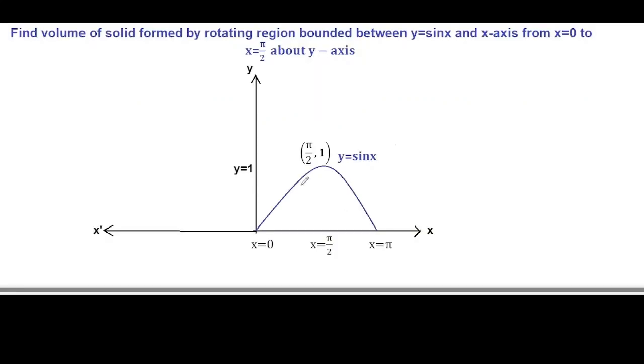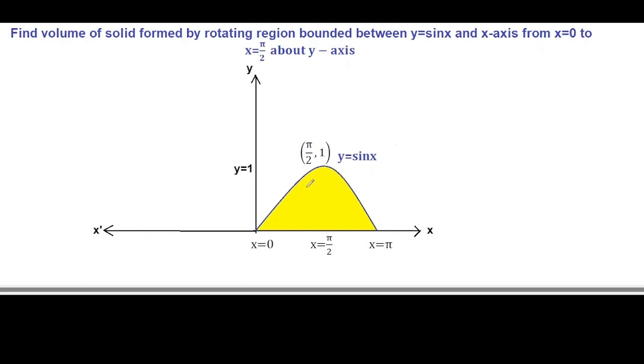So this is the curve of y equal to sin x from x equal to 0 to x equal to pi. This is the peak point of the curve at pi by 2 where y equal to 1. So this portion is the bounded region by the curve and the x-axis. Let's shade this portion.